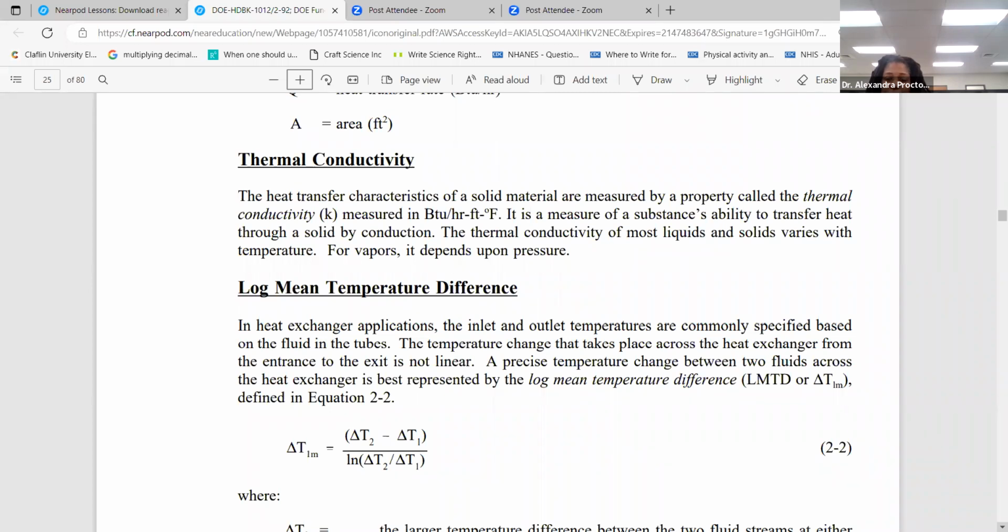A precise temperature change between two fluids across a heat exchanger is best represented by the log mean temperature difference, LMTD, or delta T sub LM. And that is defined in the equation below: delta T LM is equal to delta T2 minus delta T1 over the natural log of delta T2 divided by delta T1.